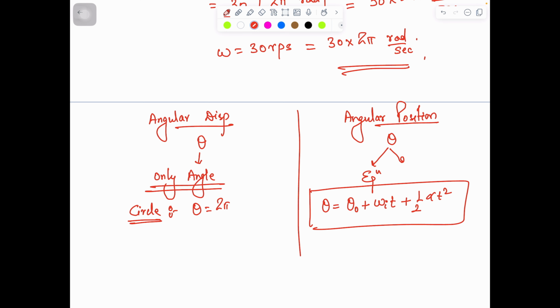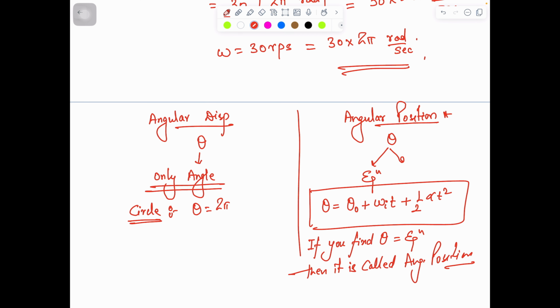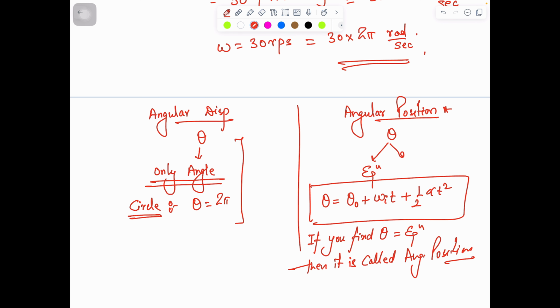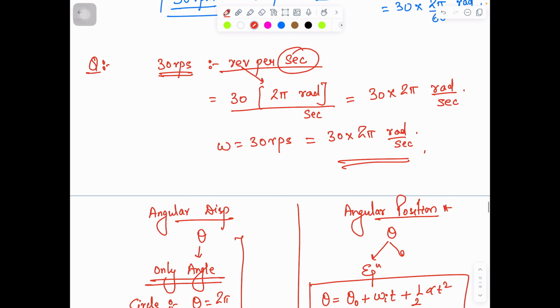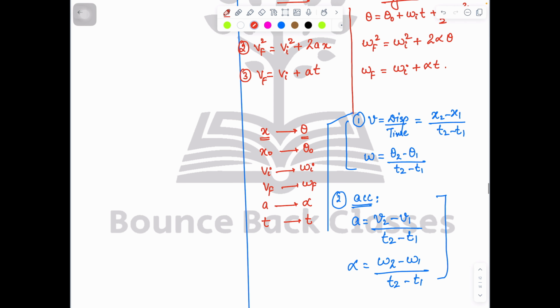So if you are solving for any value, just try to understand what is angular position. If you find theta with the help of an equation, then it is called angular position. And if you are solving directly, that is simply angle theta, that is your angular displacement. Is it fine? Okay, guys, now just back to the question and try to understand.